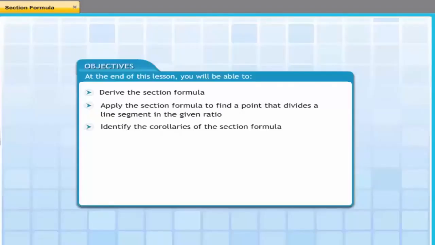In this lesson, you will learn about the section formula. At the end of this lesson, you will be able to derive the section formula, apply the section formula to find a point that divides a line segment in the given ratio, and identify the corollaries of the section formula.